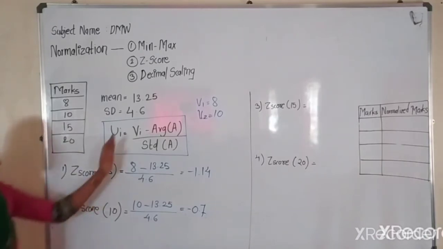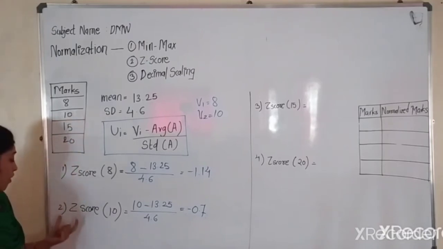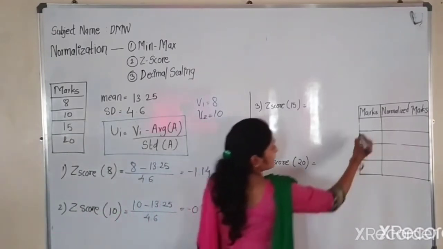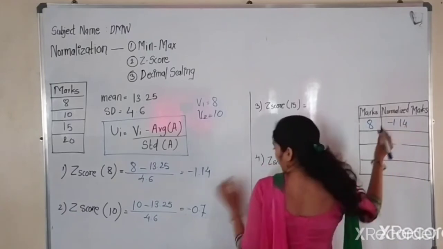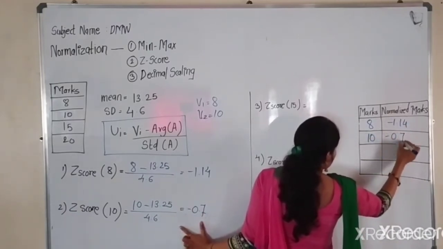So in this way I am converting this value 10 into the form of normalization by using the Z-score normalization formula. So how is the 8 represented? 8 is shown as minus 1.14. Then the 10 is represented as minus 0.7.